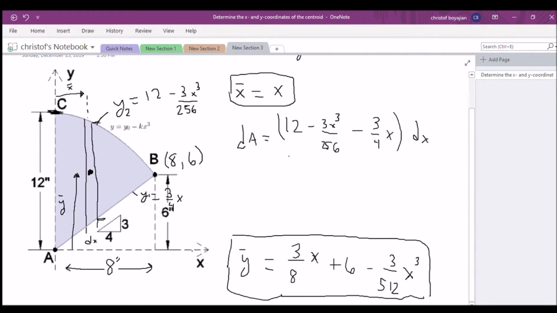Now, like always, I go ahead and solve for my area, which is the integral of all of these dAs. So let's take the integral, and our bounds are going to be from 0 to 8, right? So let's take the integral of this guy that we have here, our dA, and evaluate this.